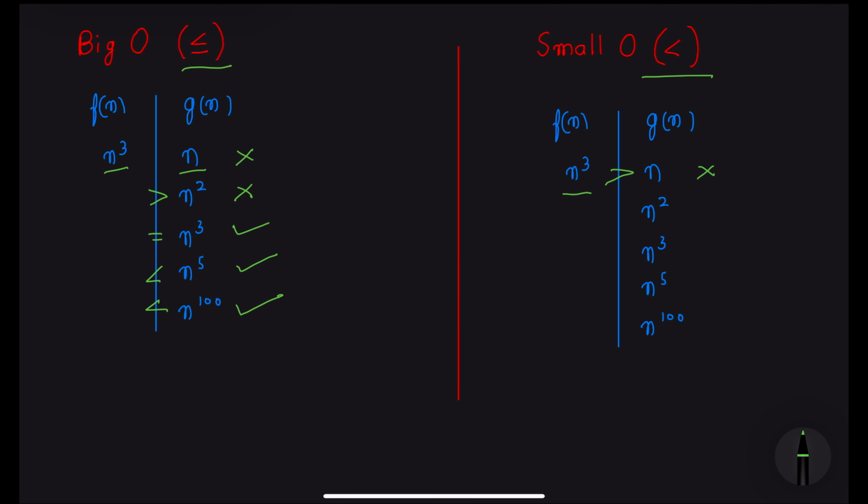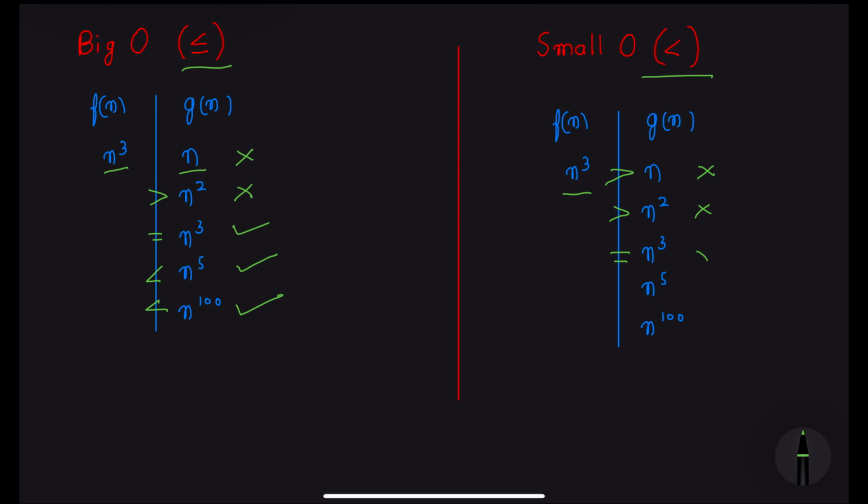For n square, it is also smaller than n cube, so it is not big O and not small o. For n cube, n cube is equal. So here it will be big O, but it will not be small o because small o is smaller than, not equal to.